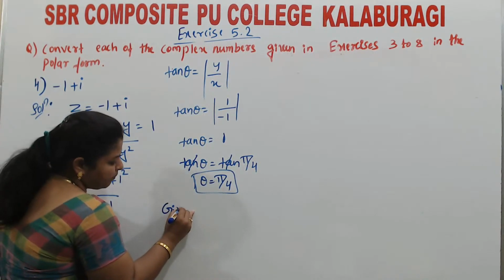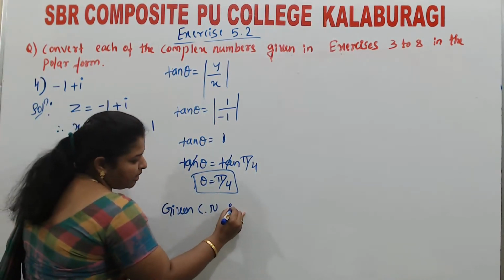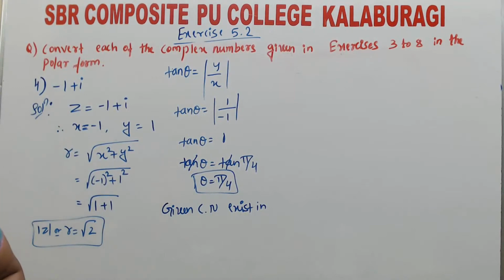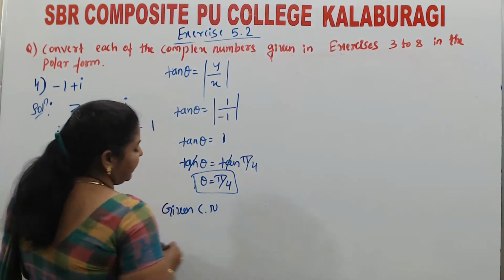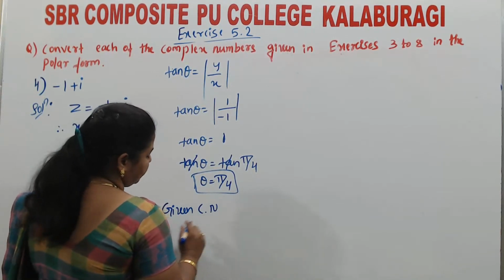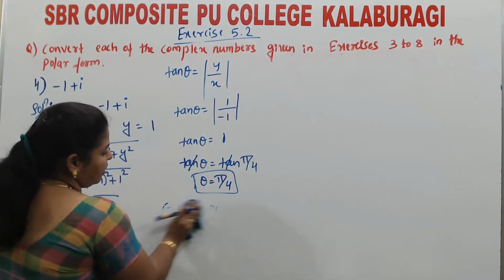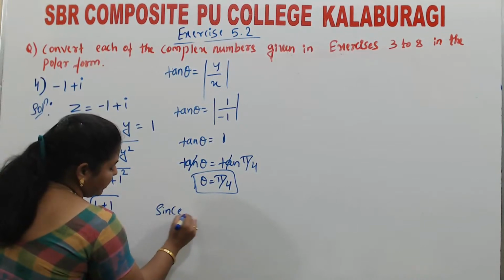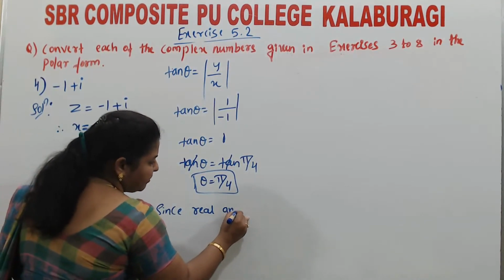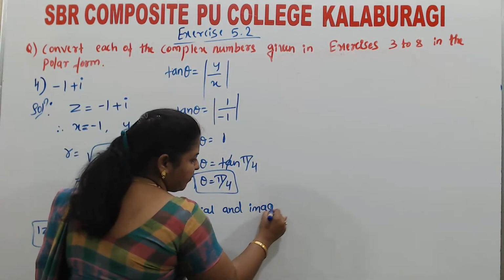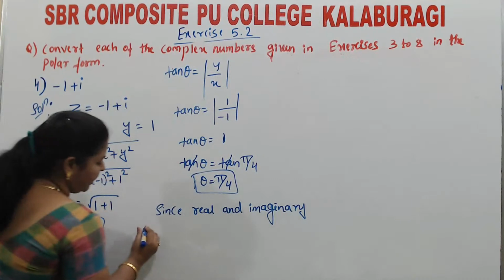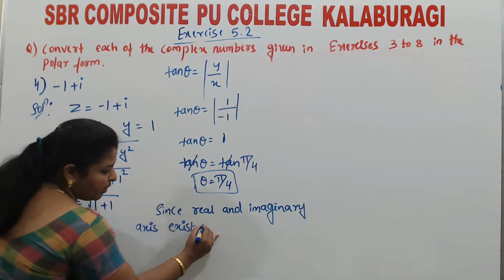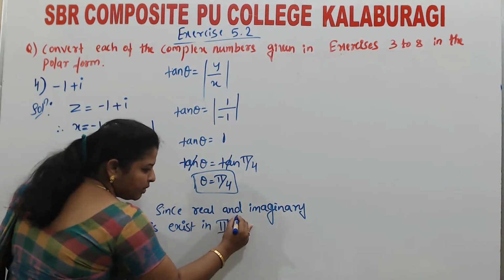X is negative, y is positive, which means the given complex number exists in the second quadrant, right? Since the real and imaginary axis exist in the second quadrant.